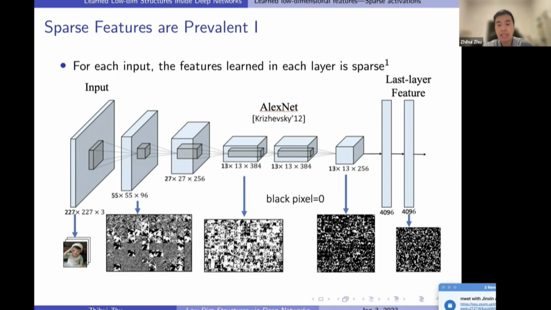In this feature plot, a black pixel means it has 0 value. If we look at the last 2 feature mappings in the bottom plot, we can observe that most of the pixels are 0, which means we have sparse activations, or sparse features.